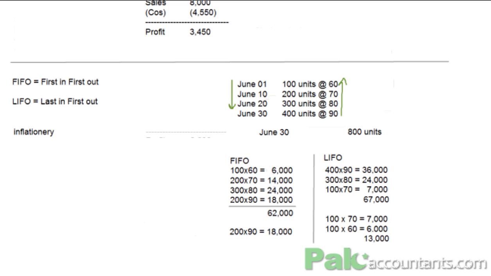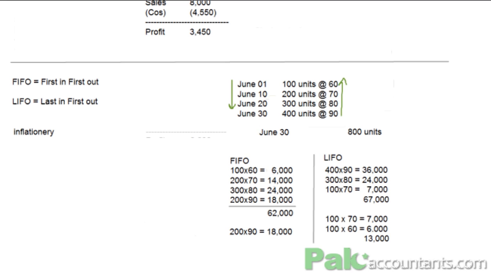Now we understand that under an inflationary economy, as the most expensive unit has already been consumed in the production hall, your cost of sales will be more if you are following LIFO method. And also, your closing stock value will be less. And because of that, your profit will also be less.